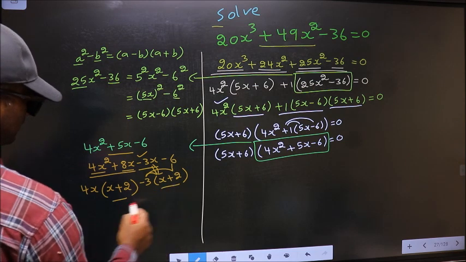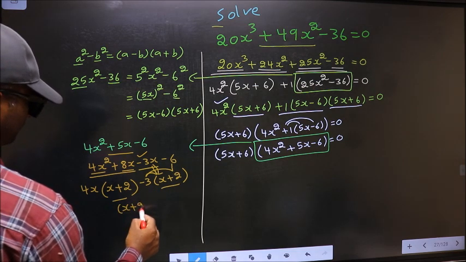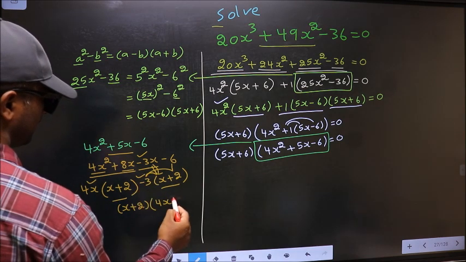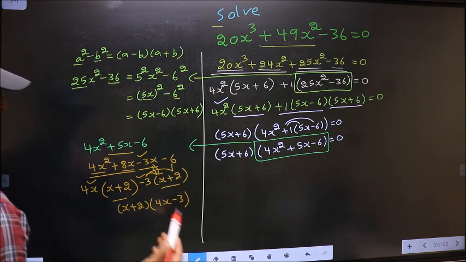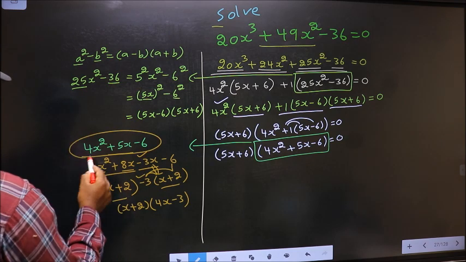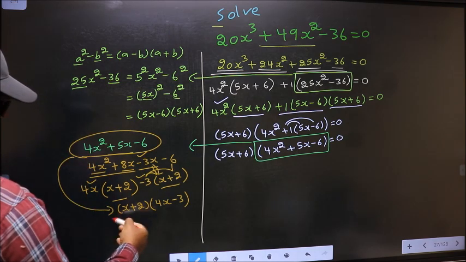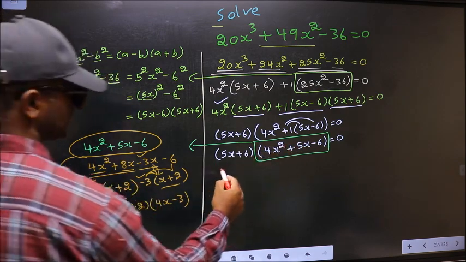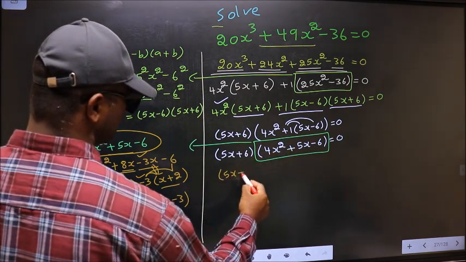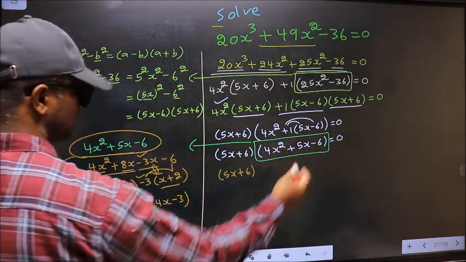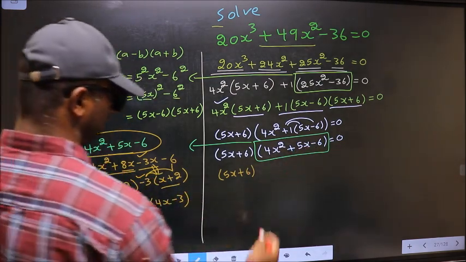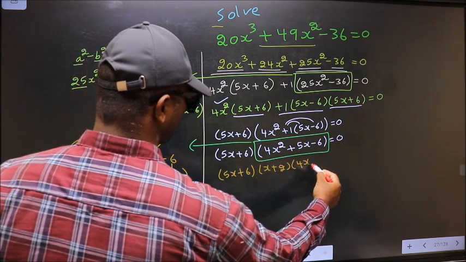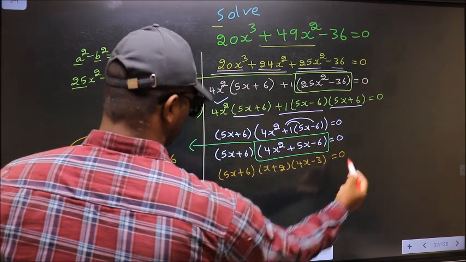Now take out x plus 2 common. So here you have 4x and here minus 3. Now in place of this quadratic, we should write this over here. So this equation becomes 5x plus 6, in place of this 1, x plus 2, 4x minus 3 equal to 0.